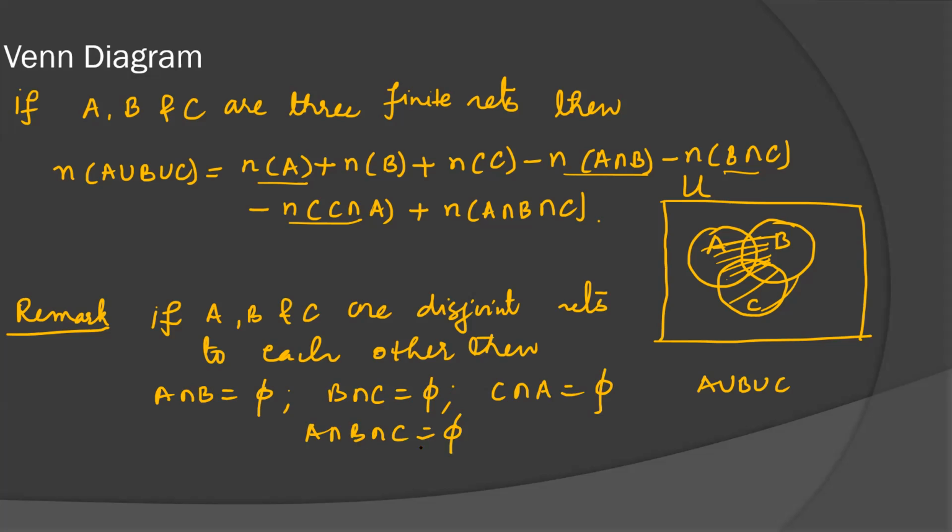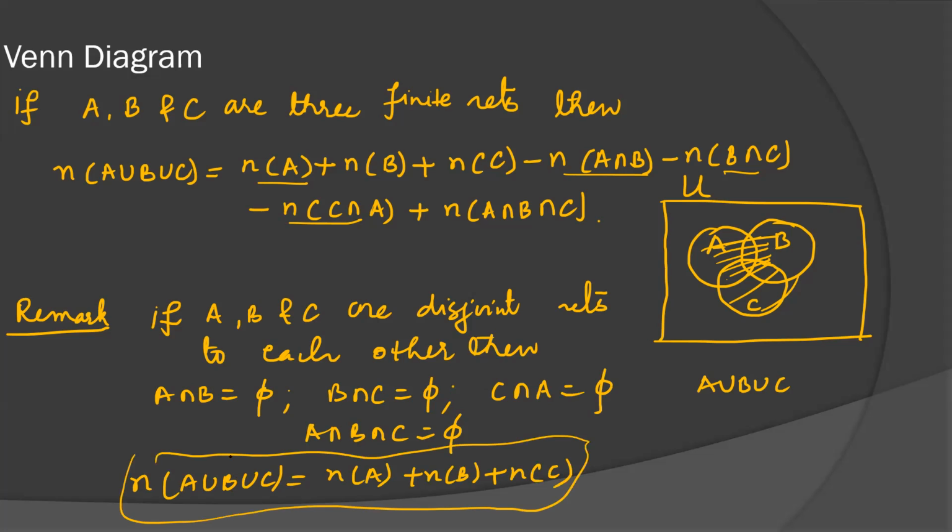So in this case, your formula will turn out to be: number of elements in A union B union C equals number of elements in A plus number of elements in B plus number of elements in C. In this case, if you want to draw the Venn diagram, it will look like this: this is your A, this is your B, and this is your C.